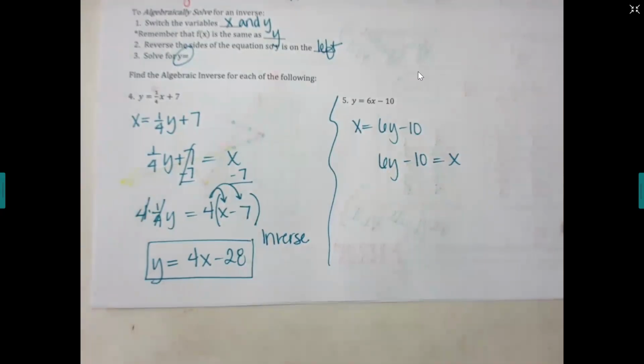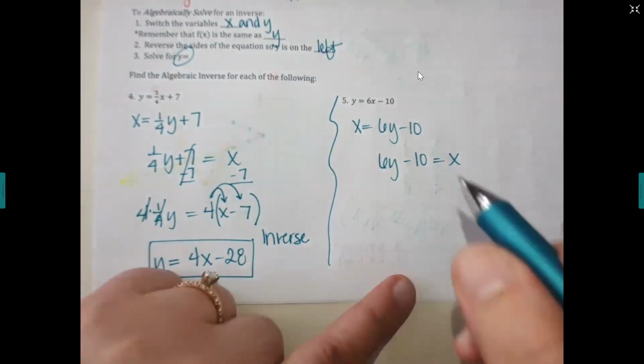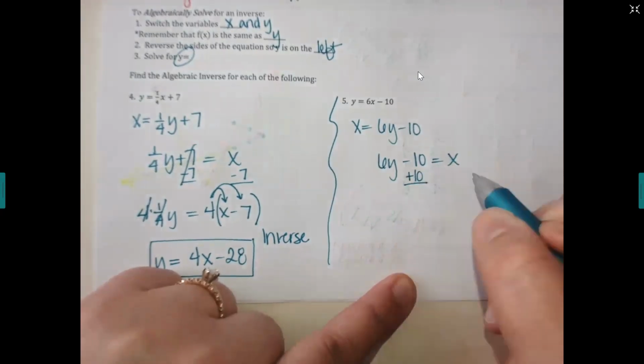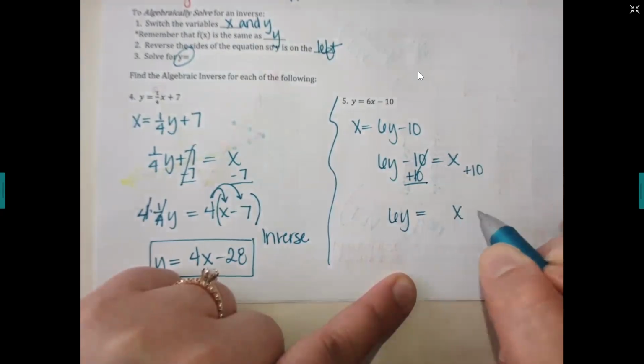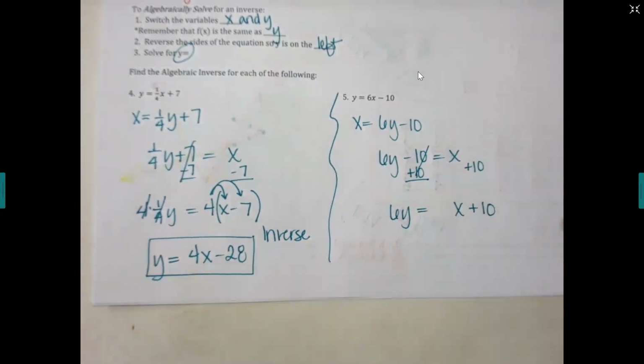How will I get rid of a minus 10 if I want the new y alone? Plus 10. So now my x has a plus 10 with it. 6y equals x plus 10. Now I'm trying to get rid of a 6 in the front. This means times 6. How do I undo times 6? Divide by 6.